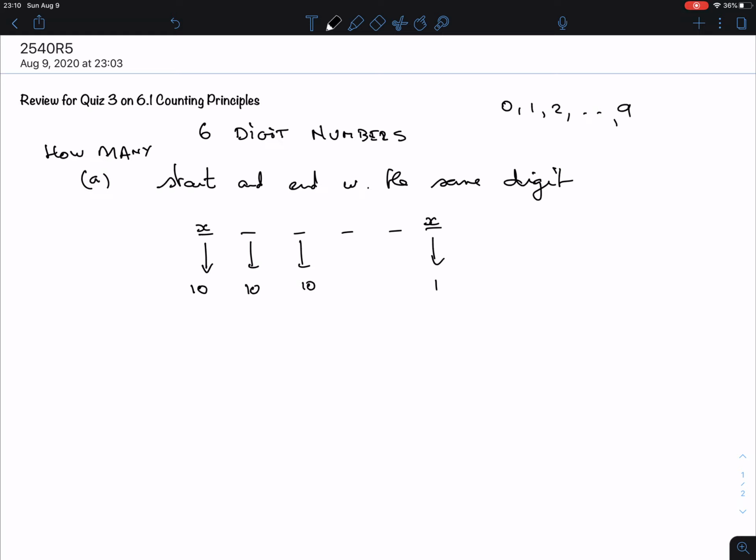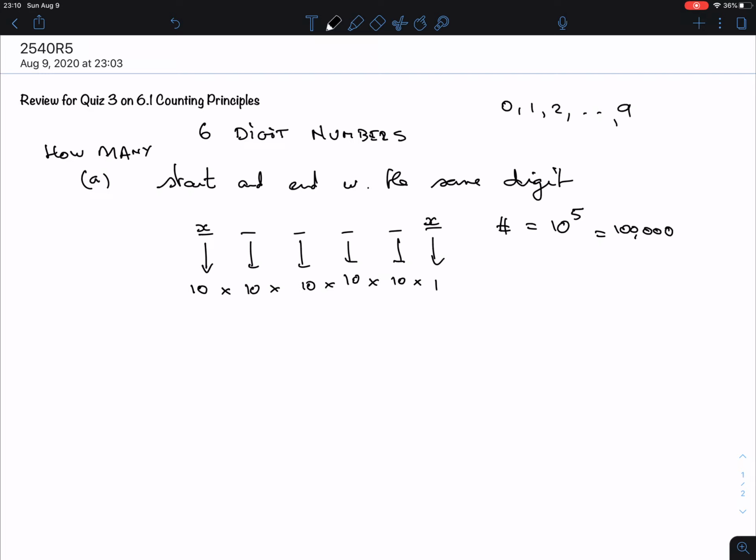Each of these choices is valid and independent of the others. So we get 10 to the power 5, which is, sorry, 100,000.